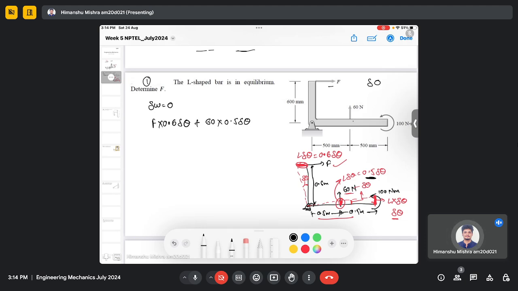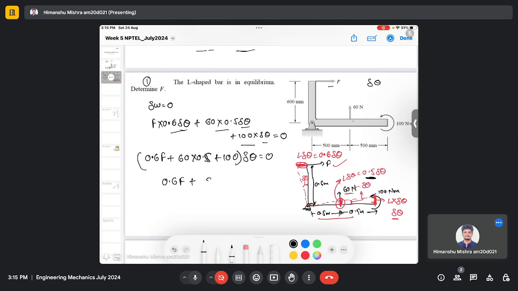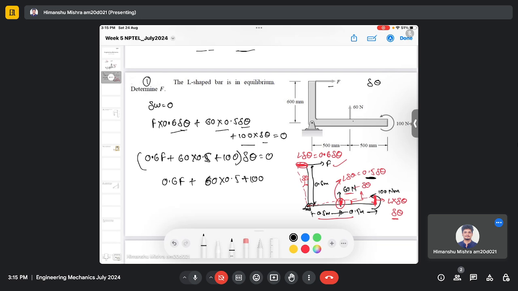The angular displacement is already given, which is del theta here. So from the moment it will be 100 multiplied by del theta, and from the principle the summation of all these virtual work done should be 0. So we can take del theta common, and we get this equation.